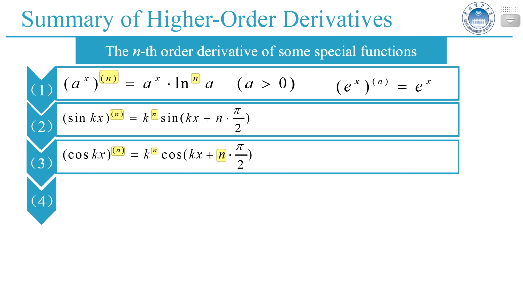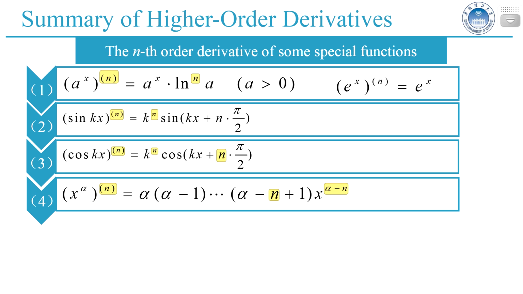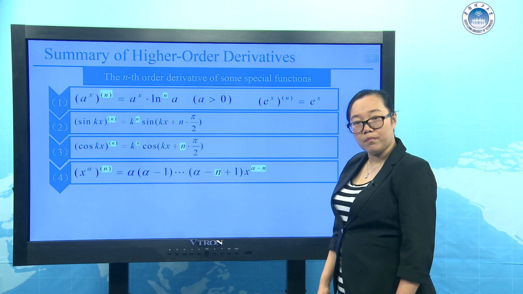Look at this: the nth derivative of x^alpha. How many times? n times, and every time we can take out one constant. So alpha times (alpha minus 1) until (alpha minus n plus 1), times x to the power alpha minus n.